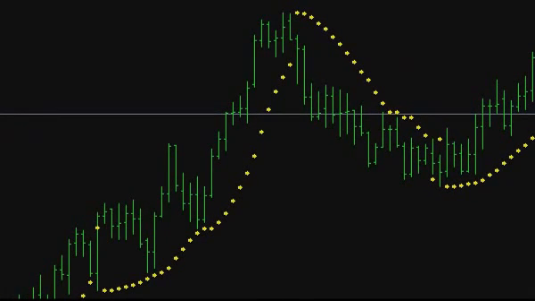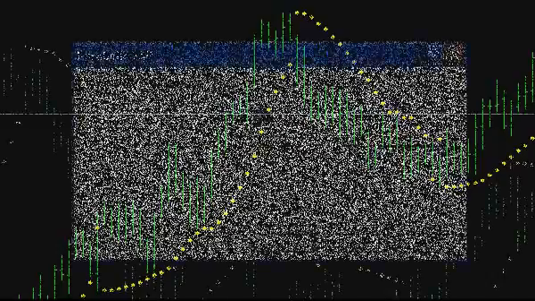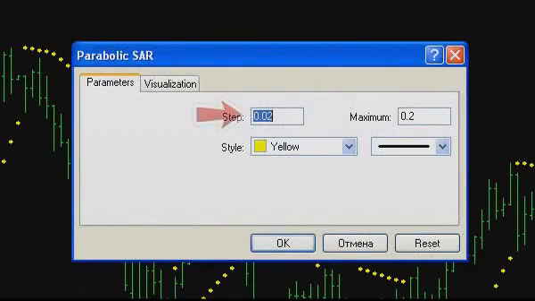The younger the trend is, the further parabolic points are, and correspondingly the levels of stop-loss for positions opened along with the trend, and vice versa. The older the trend is, the closer the points to the price are, and they approach it faster. The indicator parameters that we saw in the dialog window of its settings determine both the speed of the parabolic reading's approximation to the price and the maximum value of this acceleration.